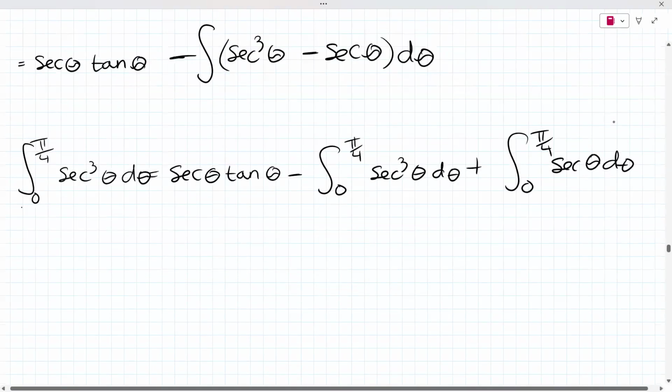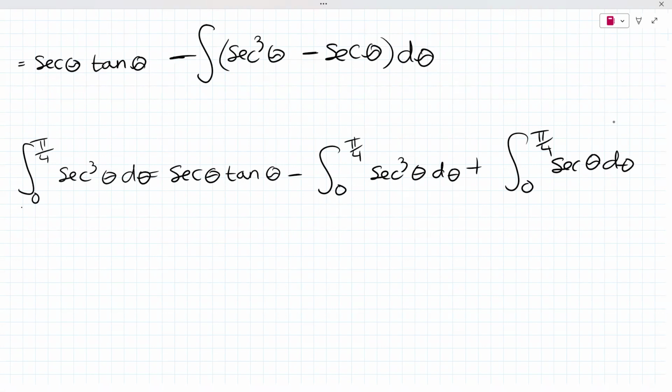And then because you have a repeat somewhere here, you can just add this to the other side. So you can say plus the integration from 0 to pi over 4 of secant cube theta d theta from both sides.